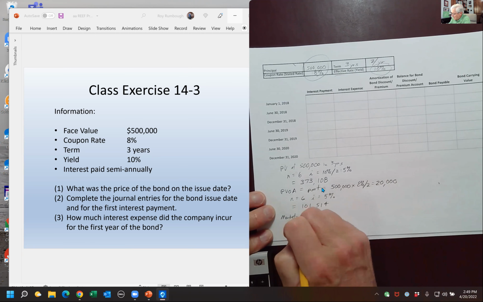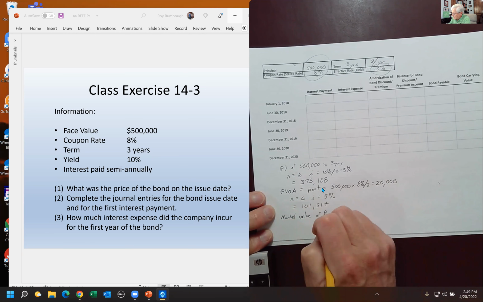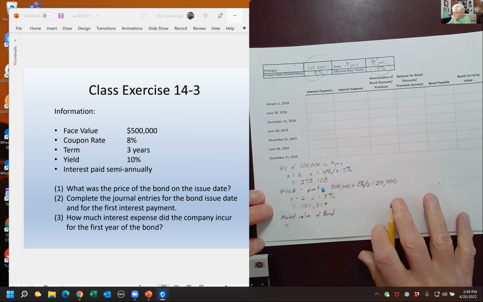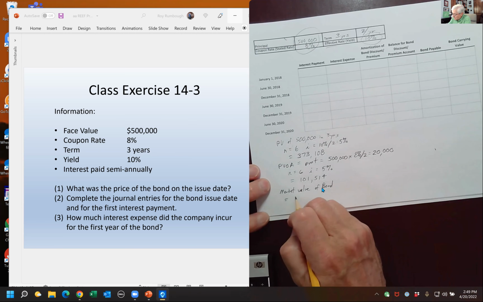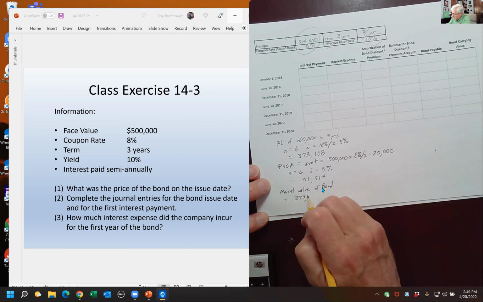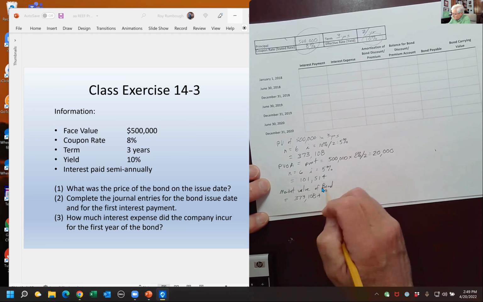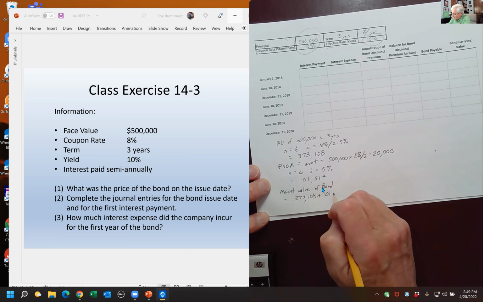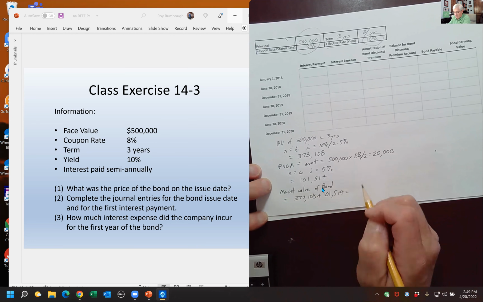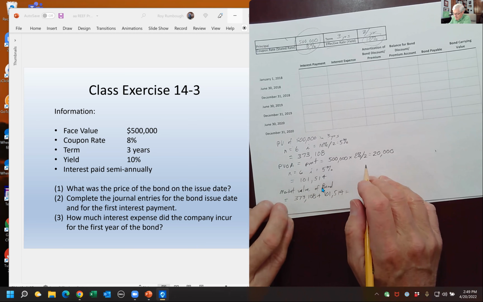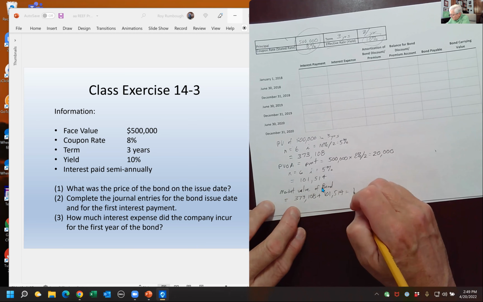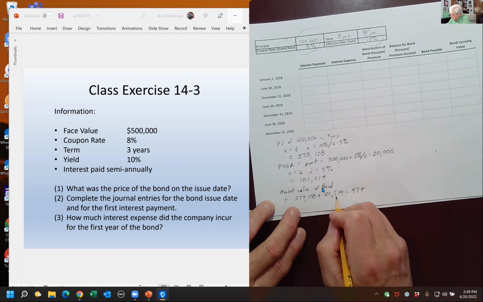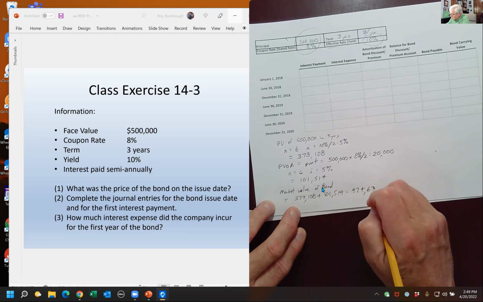Market value of the bond equals 373,108 plus 101,114 equals 474,622.